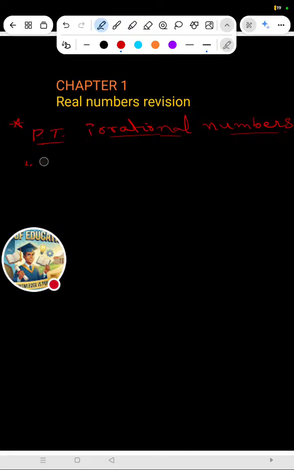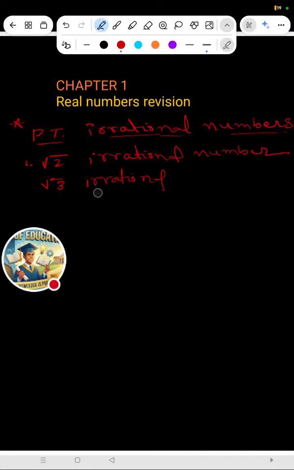For example, root 2, we have to prove that it is an irrational number. Again they will ask root 3 also an irrational number, and root 5 also, root 7.